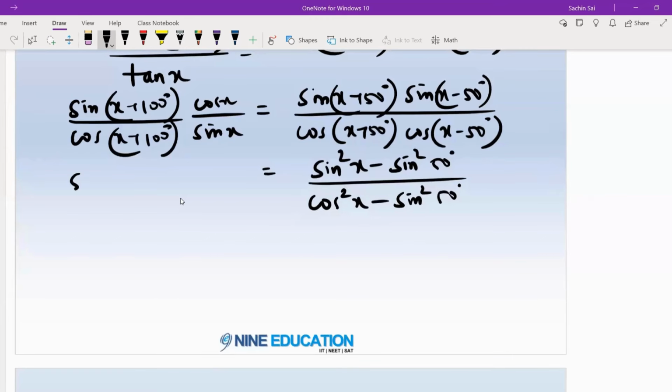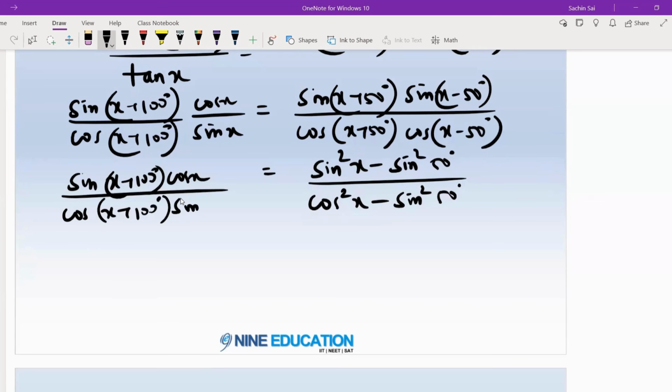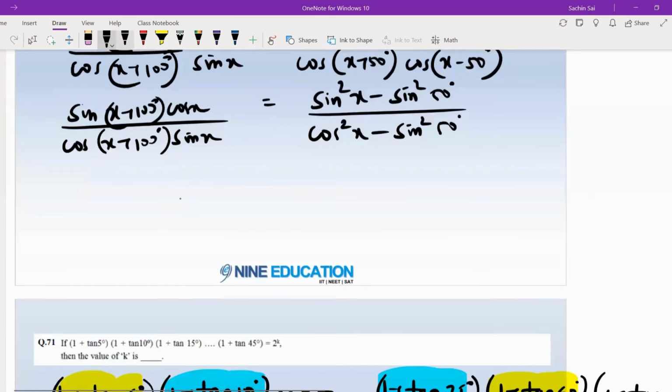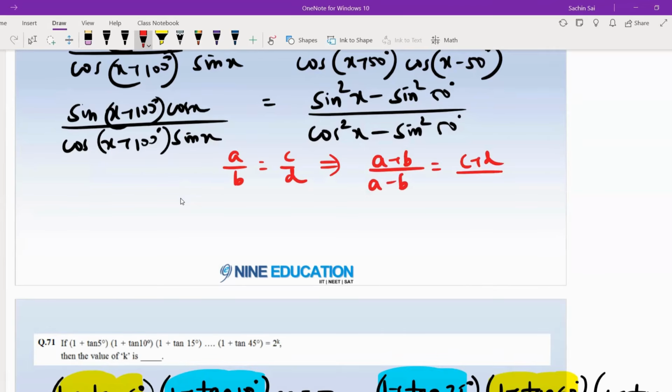And the left hand side is sin of x plus 100 cos x by cos of x plus 100 degrees into sin x, right? Now what I have here is an expression of the form A by B equals C by D. So I can make use of componendo and dividendo, which means A plus B by A minus B equals C plus D by C minus D, right?